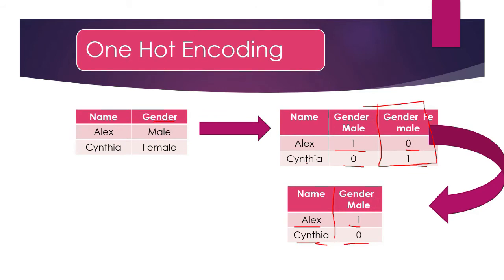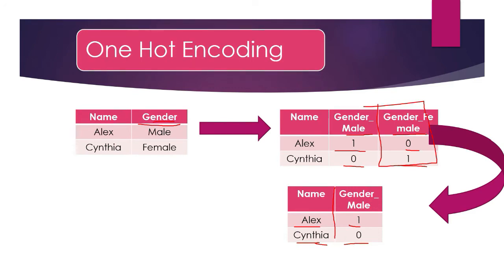You can see with this example that we have a column for gender. What our encoder has done is create 2 new columns. Rather than one gender column, we now have gender underscore male and gender underscore female. In a huge data set, say we have 10 categorical columns, and those have multiple categories in them.